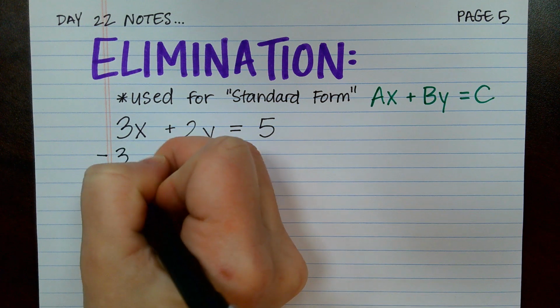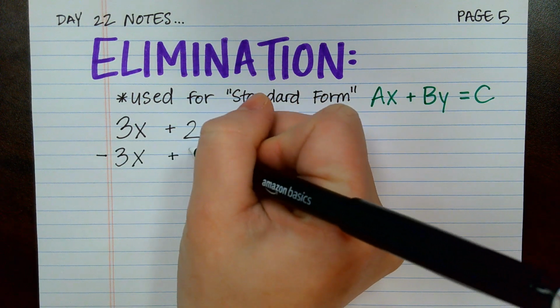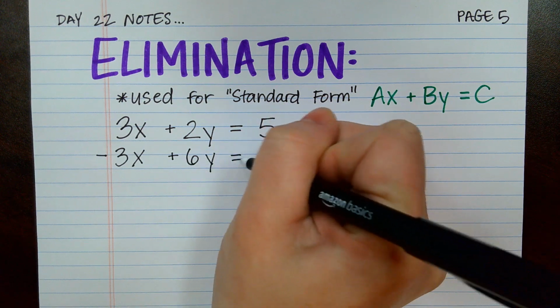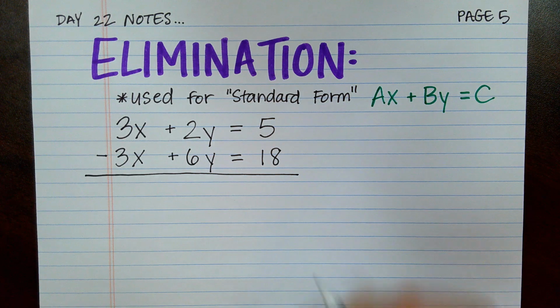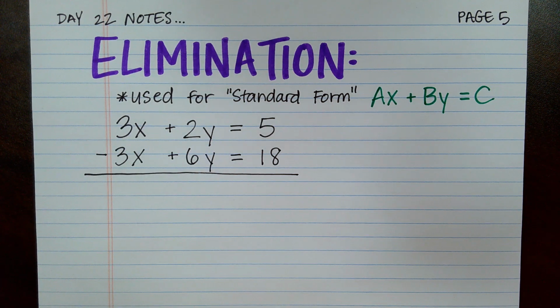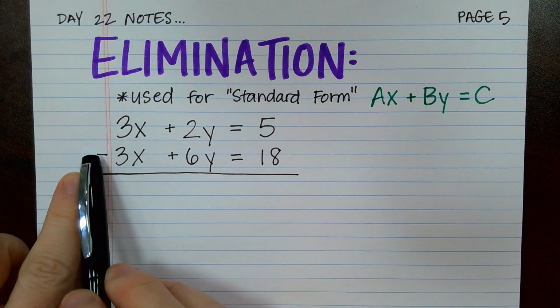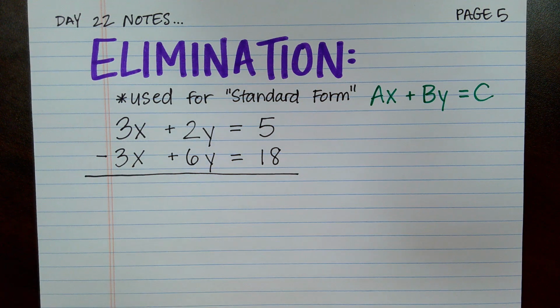Then we've got negative 3x plus 6y equals 18. Why is it 6y? I just made the numbers up. These are just random numbers. So these are the two equations: 3x plus 2y equals 5, and negative 3x plus 6y equals 18.